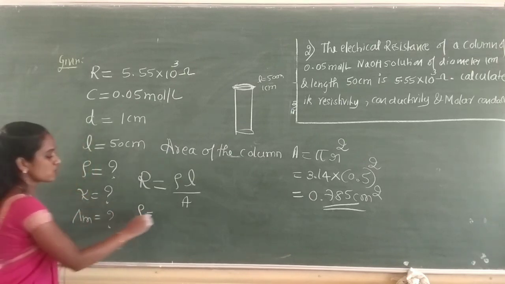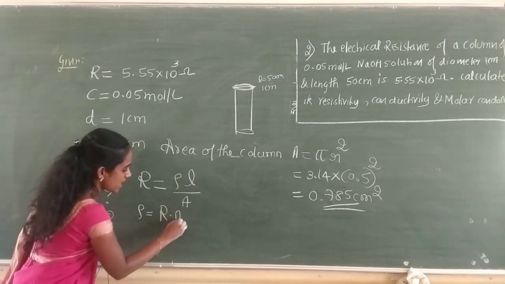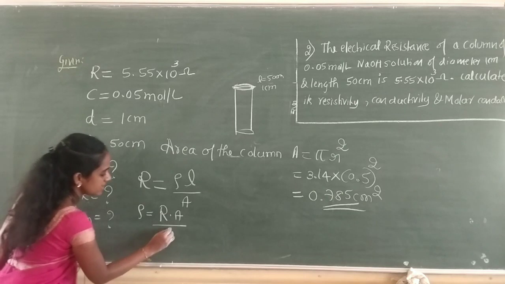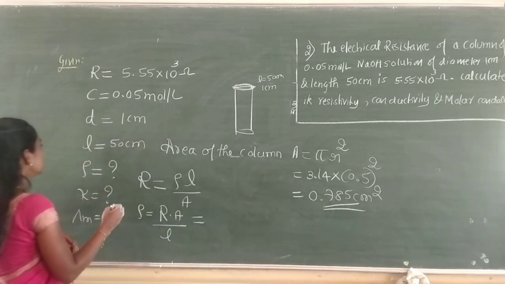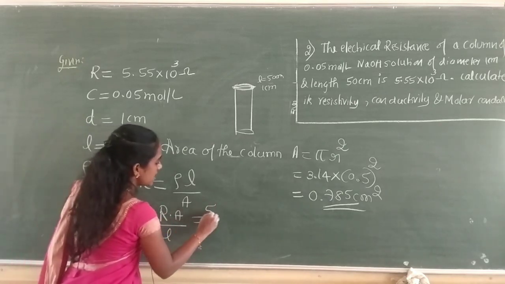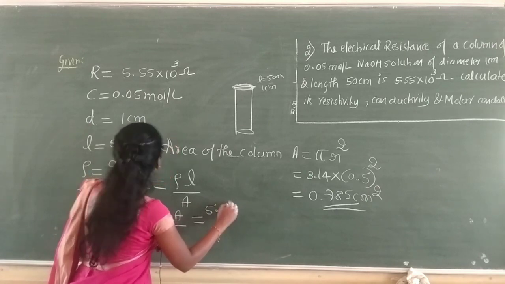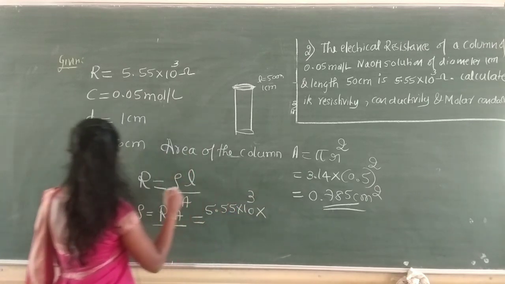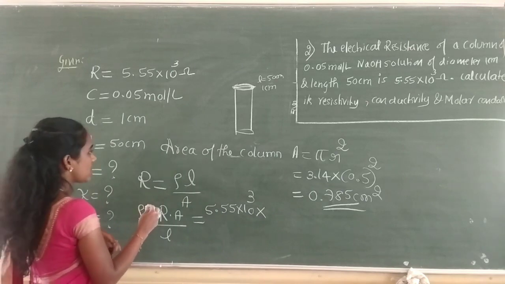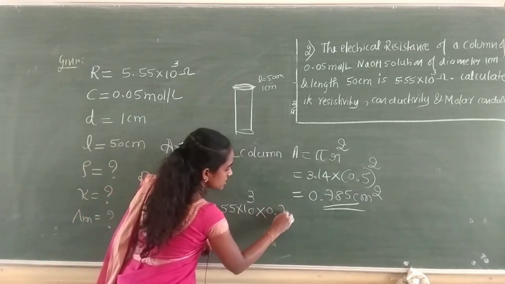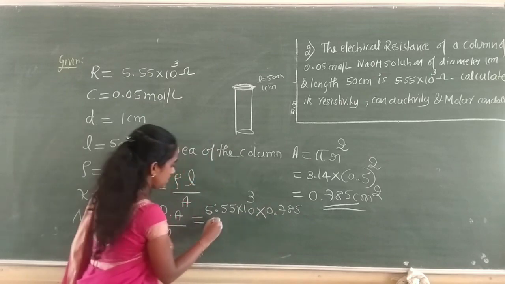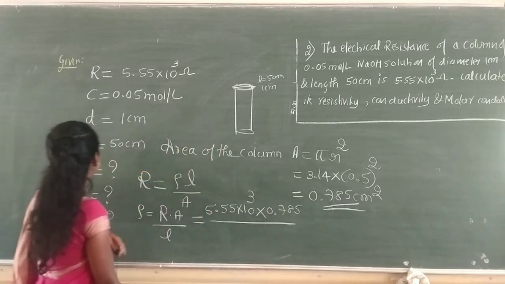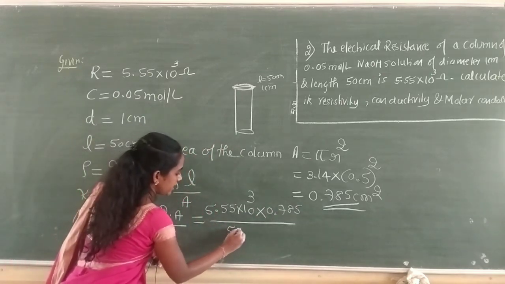So rho is equal to R into A divided by L. So what is the value of R, resistance? It is 5.55 into 10 to the power 3 into area, it is 0.785 divided by 50.